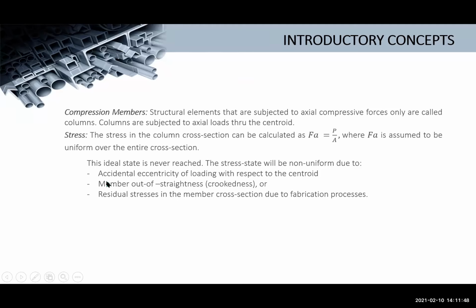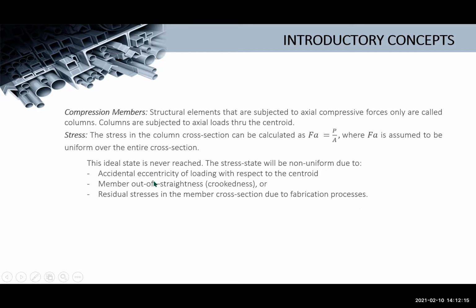So, these are the causes why the ideal state is not reached. First, we have accidental eccentricity of loading with respect to the centroid, or if the axial force is a small distance off the centroid. Next, member out of straightness or crookedness, when the structural member is not straight. Another one is residual stresses in the member cross-section due to the fabrication process or fabrication errors.